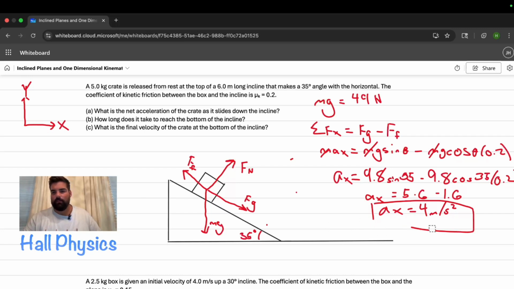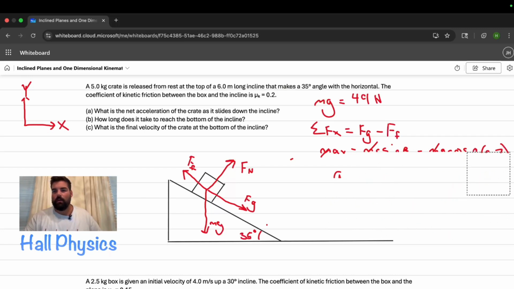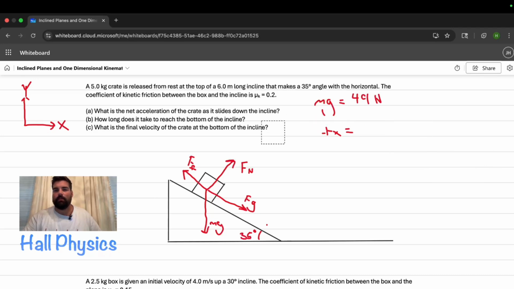All right, let's move on to B. I'll rewrite the answer to A up top, clear out some space here. How long does it take to reach the bottom of the incline?